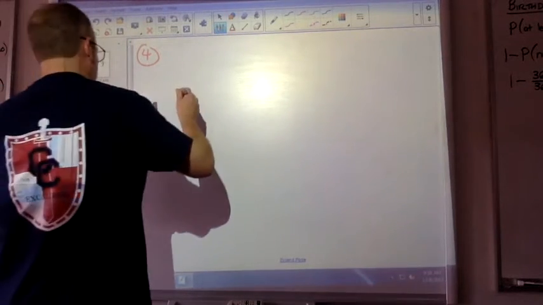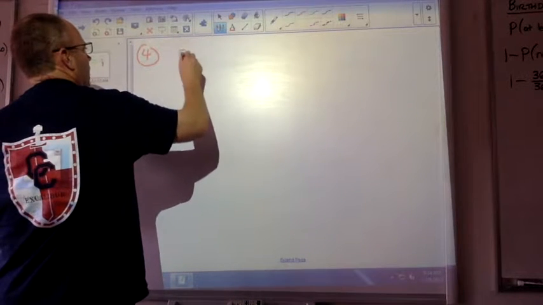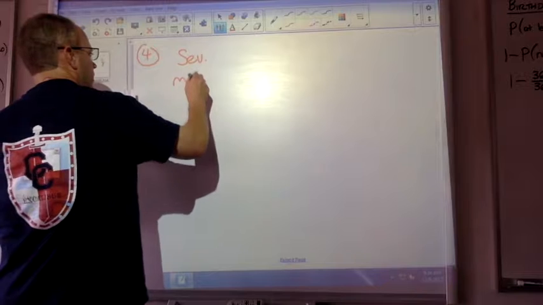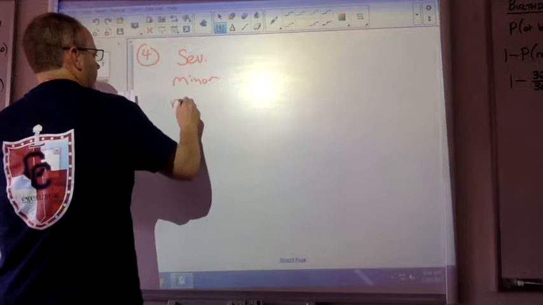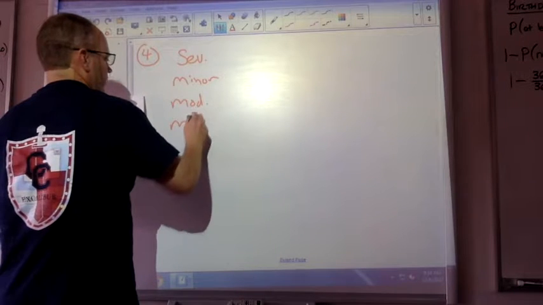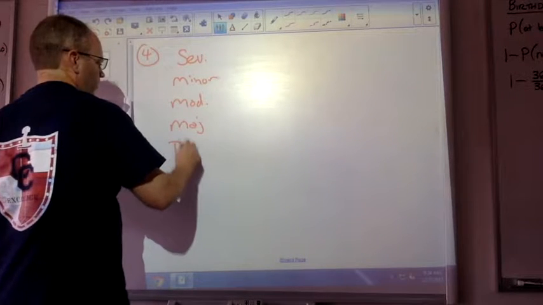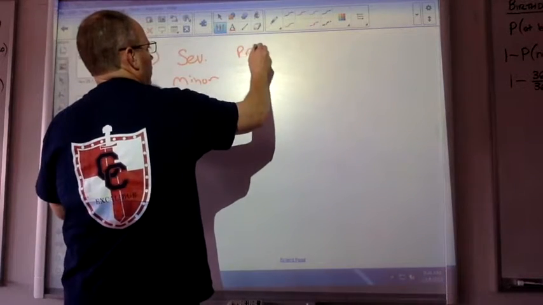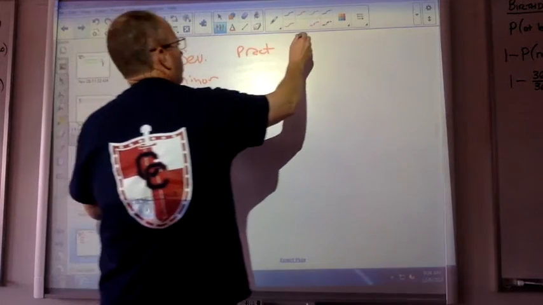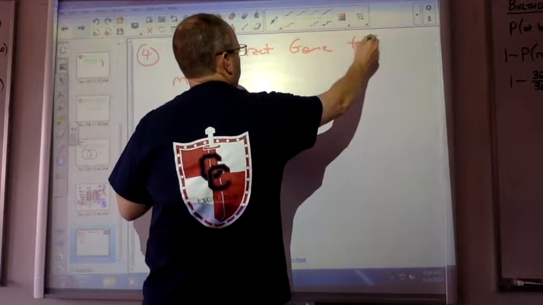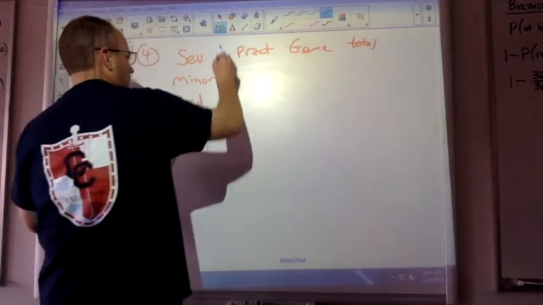All right, so you have severity, which is minor, moderate, major, and total. We have practice, where they were injured in practice, or during a game, and that total. So just make up our table.